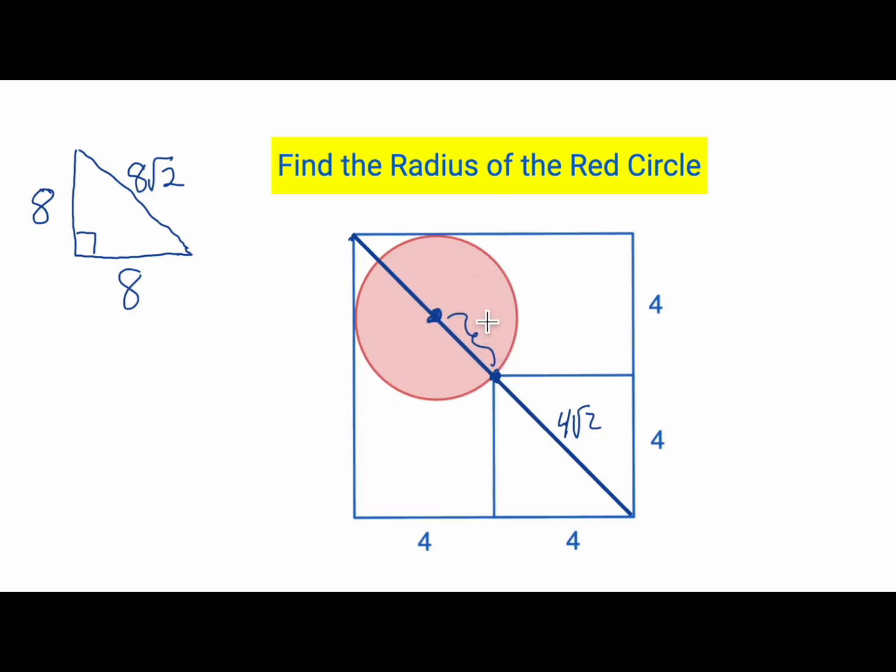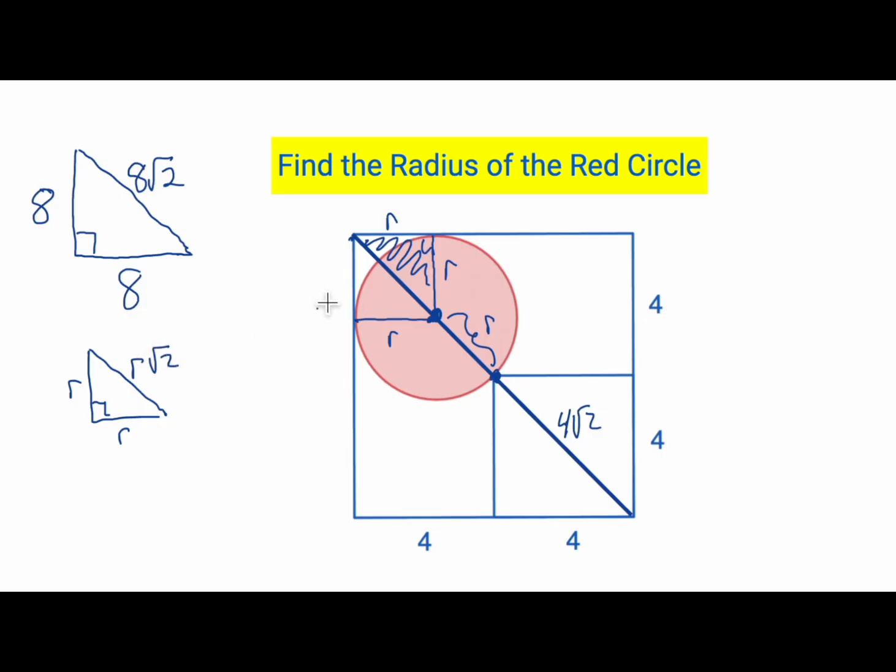Okay, so I'm going to now draw a radius in here of the red circle. So this is your radius. This is also a radius, and this is also a radius. So up here, this is going to be R, and I'm looking at this right triangle here, and same properties over here. If you have an isosceles right triangle, and that's R, then this one here has to be R root 2.